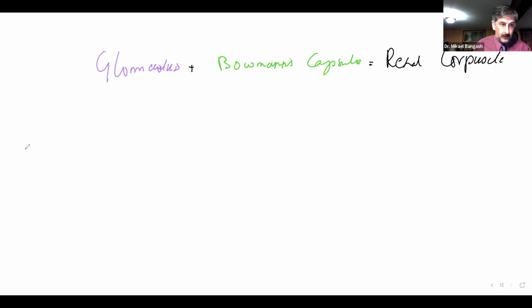Okay, so what do we have? We had this extensive network of capillaries. Where did that come from?